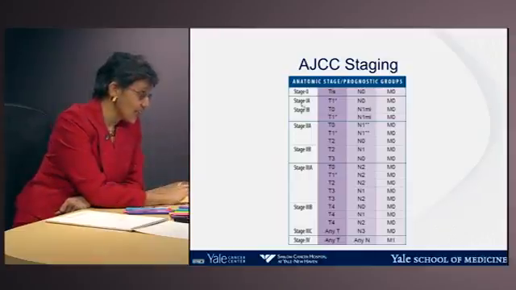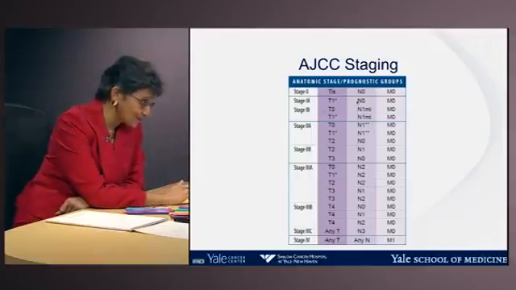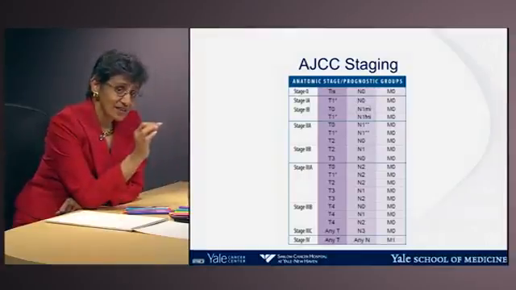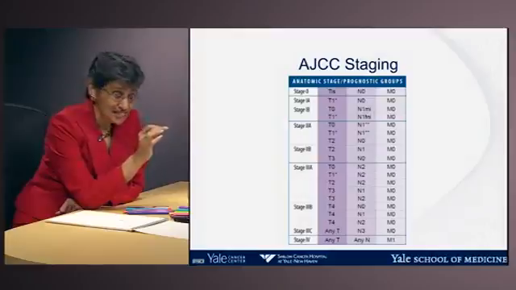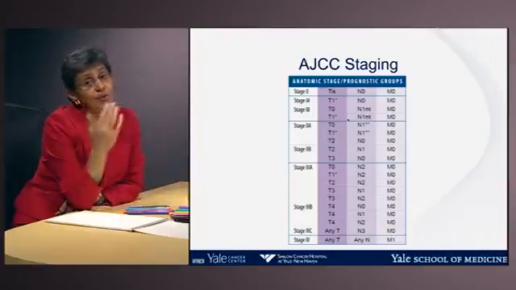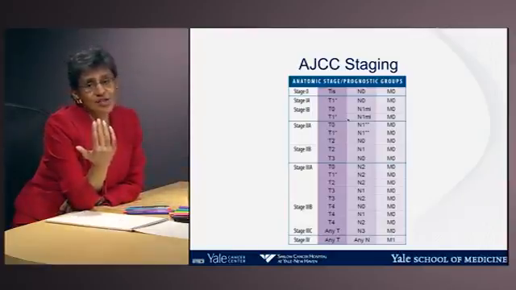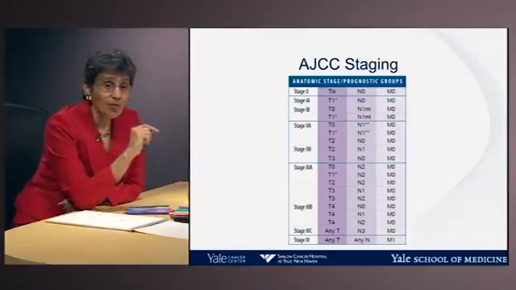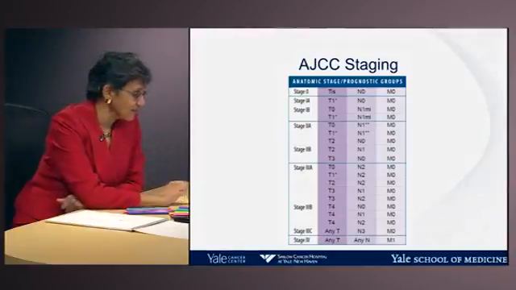These cancers are classified as stage 1A. And even if there are microscopic deposits, micrometastases in the lymph nodes, these cancers are still stage 1. So remember, even if cancer has gone to a lymph node, it's not the end of the world. We'll talk more about that when we get to treatment.